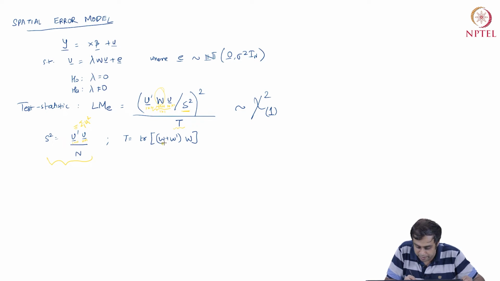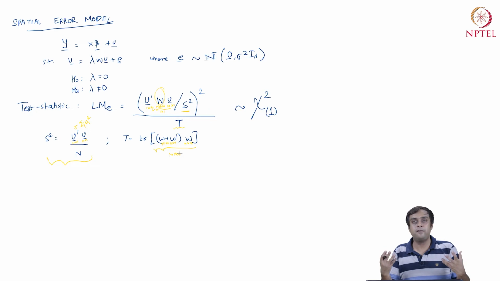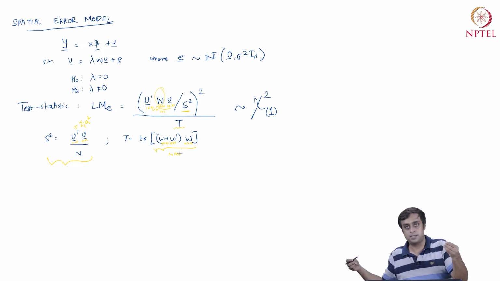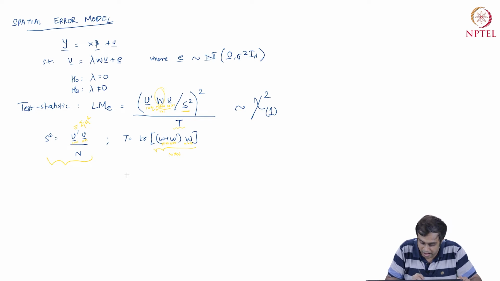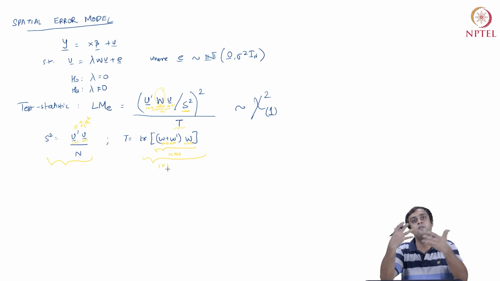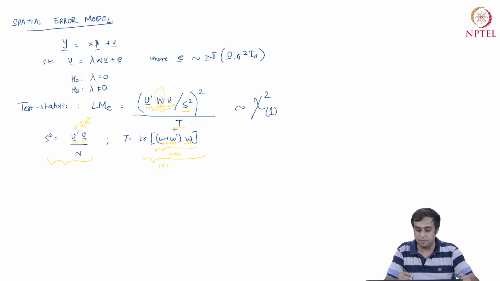So I have a weights matrix n by n, its transpose is n by n. You multiply them, and I have a square matrix of n by n. The trace of a square matrix is just the sum of its diagonal elements. So whatever matrix I get here, I will sum all the diagonal elements and then normalize. The trace by itself is a scalar, so I have a scalar sitting in the denominator. I have all scalars here.